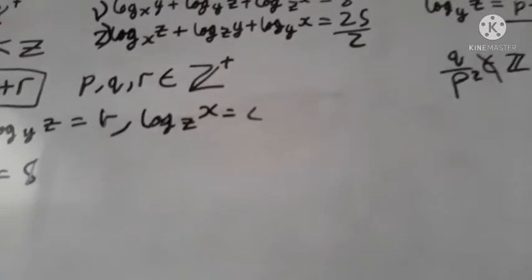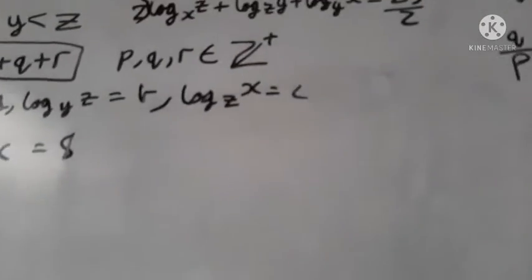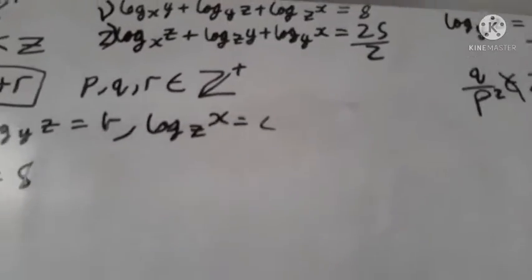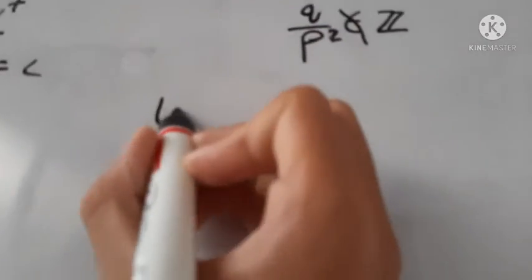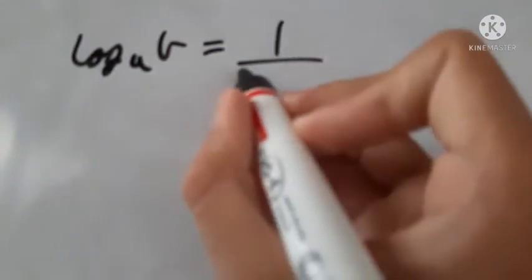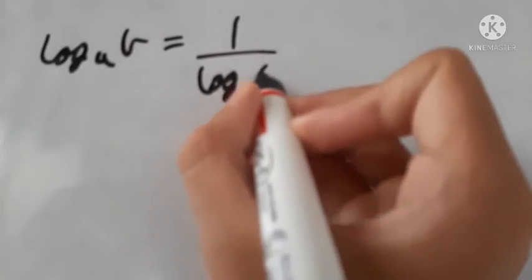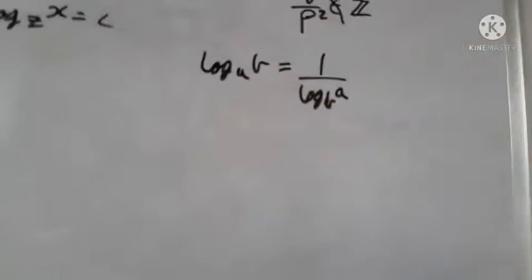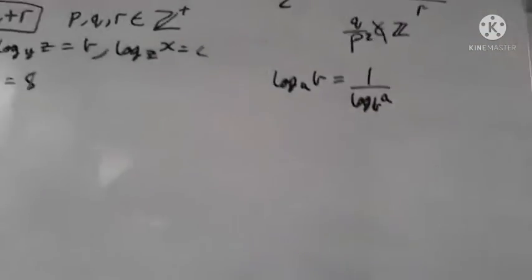Now for the second one, we'll have to use a little trick, right? First and foremost, we'll have to use the trick that log base a of b equals 1 over log base b of a. You can prove this using the change of base property of logs.